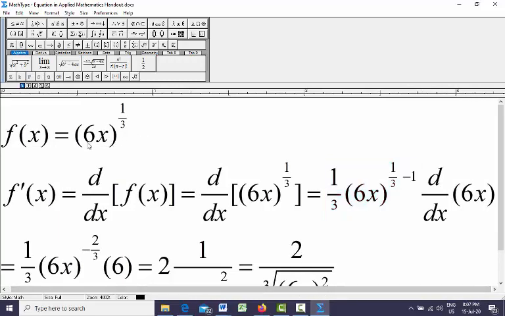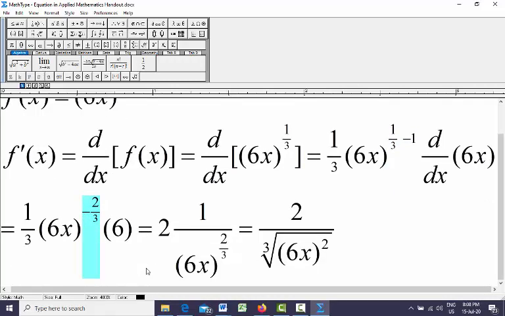Inside we have 6x, and if you do differentiation of it, you will get 6. So now 1/3 minus 1. 1/3 minus 1 is equal to minus 2 by 3.